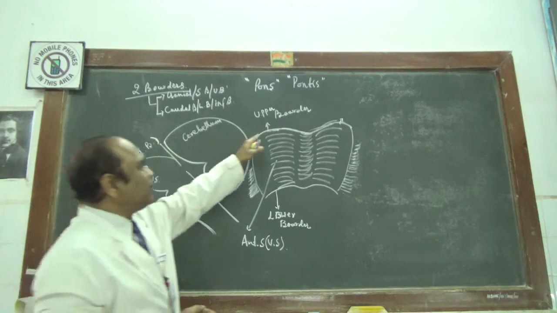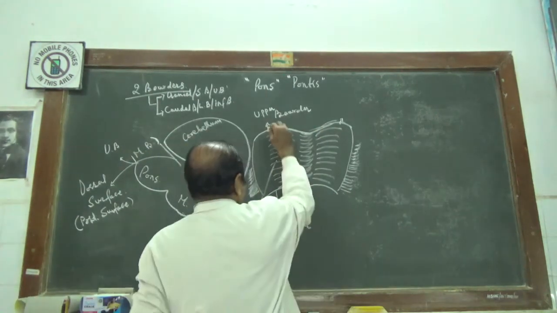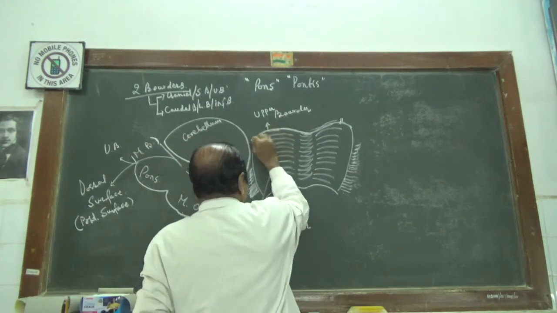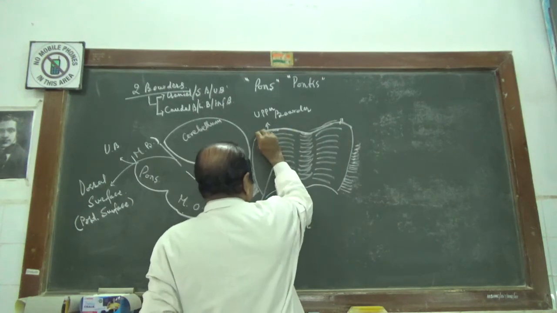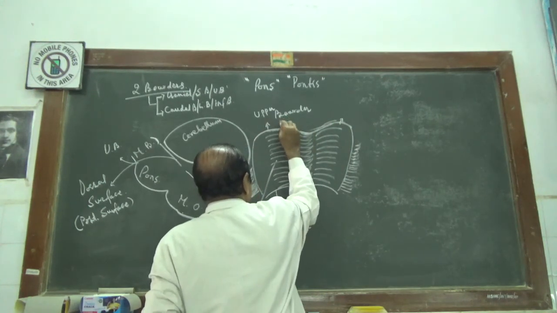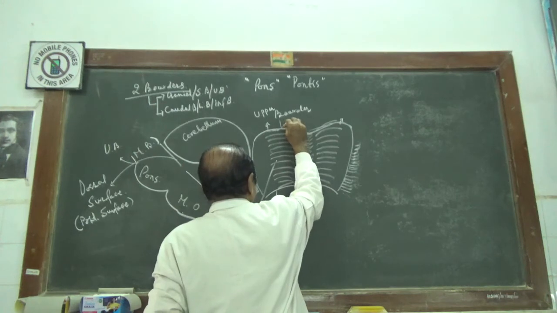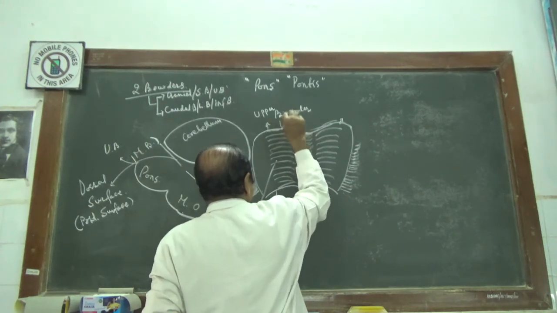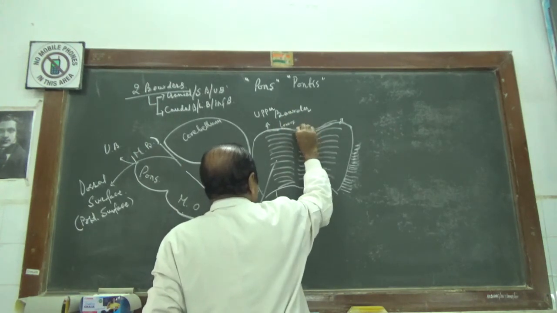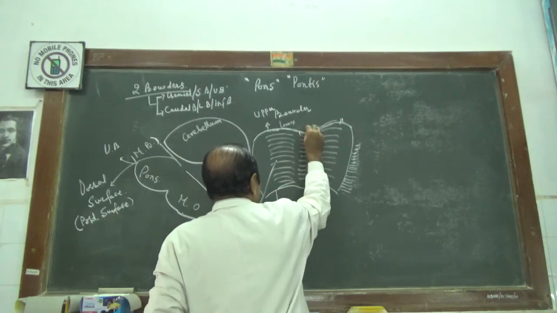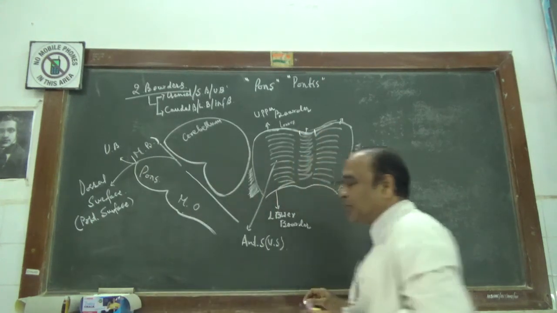Now this border on either side is convex, while in the median plane it forms a little bit of concavity.